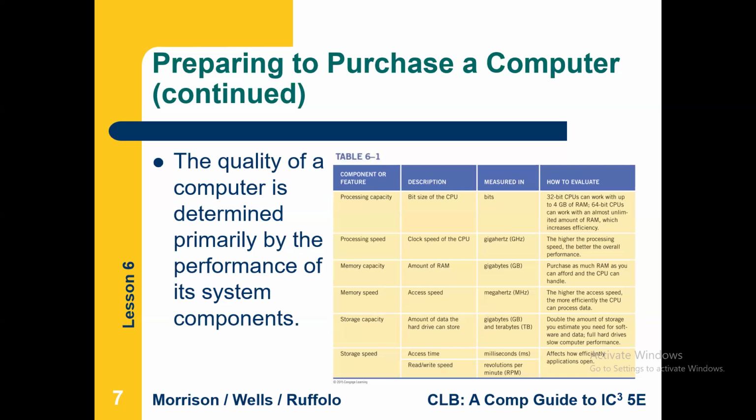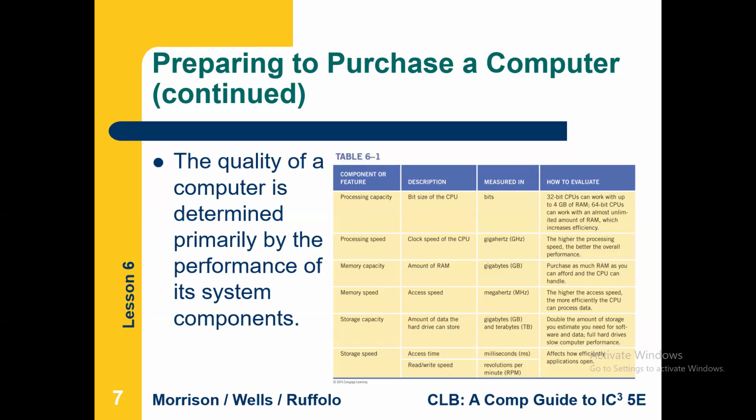Then the memory speed, and this one is talking about the access speed. How much of this data the CPU and the memory can handle at a single point in time is measured with our memory speed.